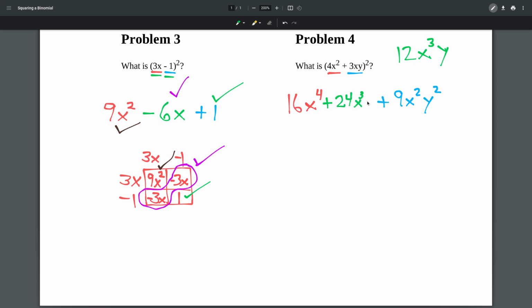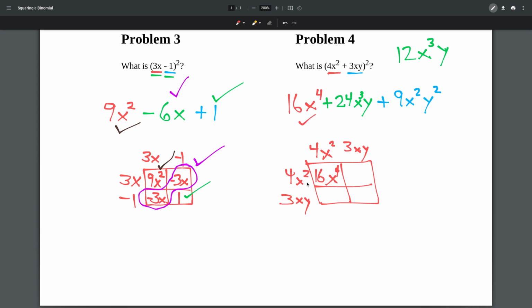Let's check this with the Punnett square like we did with the previous one. So, okay, we've got 4x squared plus 3xy times 4x squared plus 3xy. So 4x squared times 4x squared is 16x to the 4th. So that checks out. The first term checks. And then we've got 4x squared times 3xy.